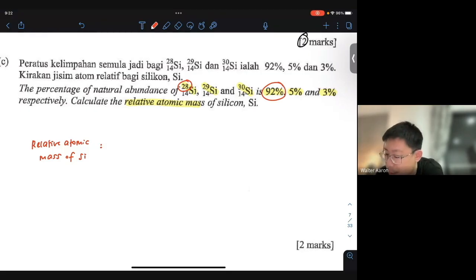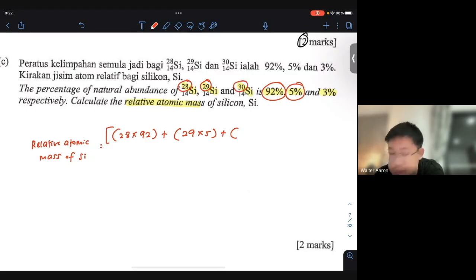Which means here, 28 multiplied by 92, plus 29, which is the nucleon number of silicon-29, multiplied by its relative abundance, plus silicon-30, 30 multiplied by its relative abundance.